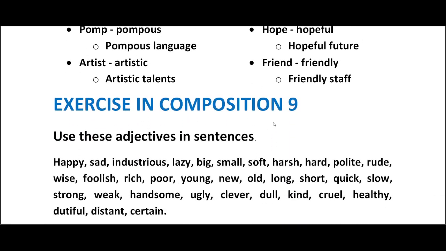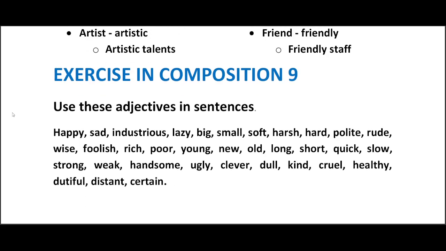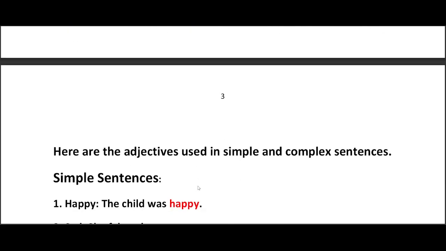And now we have exercise in composition 9. Use these adjectives in sentences. We have been given adjectives happy, sad, industrious, lazy, big, small, soft, tall, dutiful, distant, and certain. We are supposed to use these adjectives in sentences of our own. Now look.